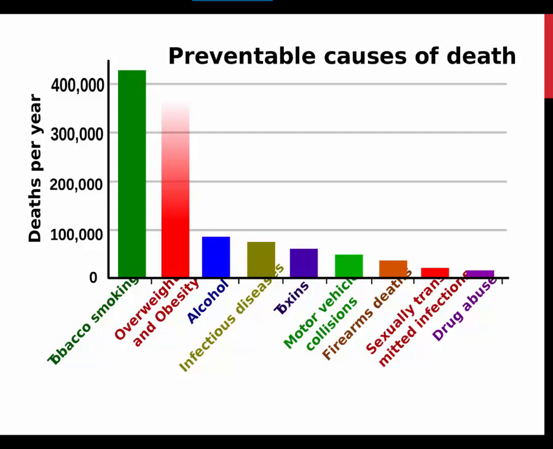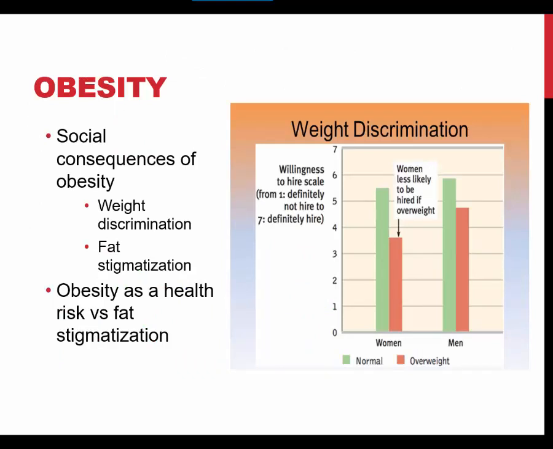If people die earlier than we expect them to, once again, this depletes our labor force and depletes our tax base. So all of this speaks to why even the health consequences of obesity have a social context.